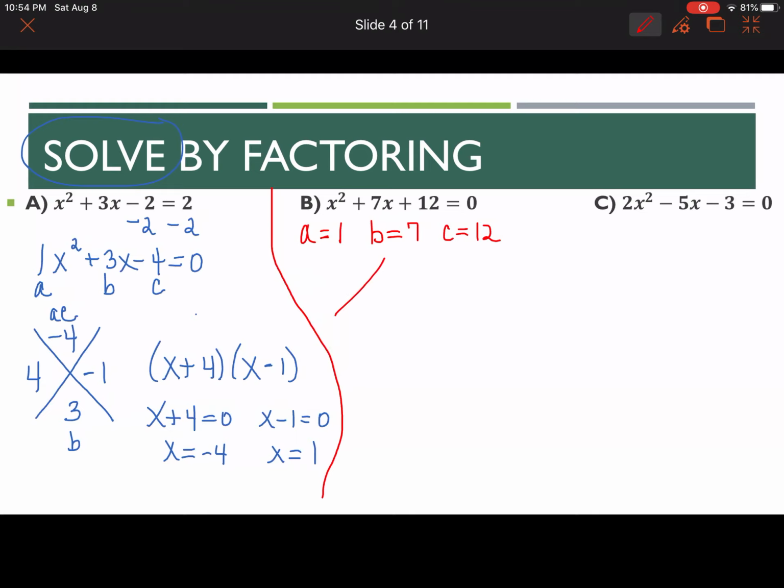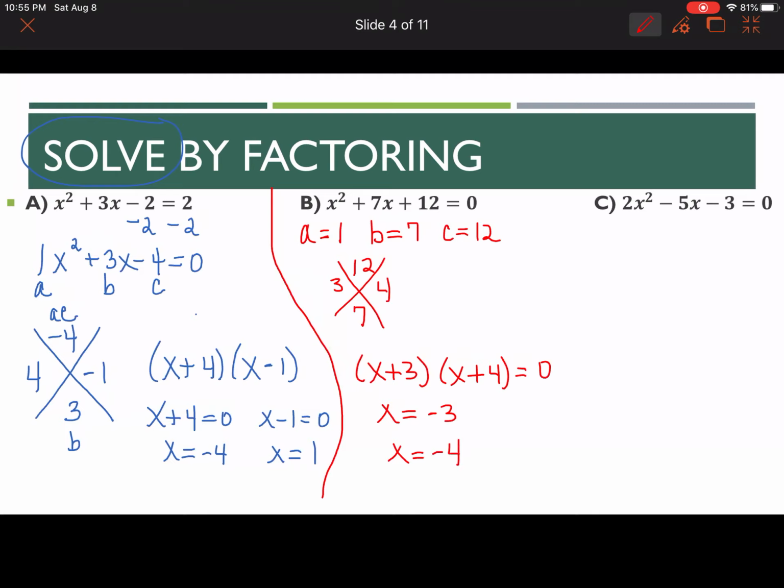So we need 2 numbers that multiply to 12 and add to 7, and that would be 3 and 4. Okay, so that factors down to x plus 3 and x plus 4. Set those both equal to 0, and we get x equals negative 3 and x equals negative 4.